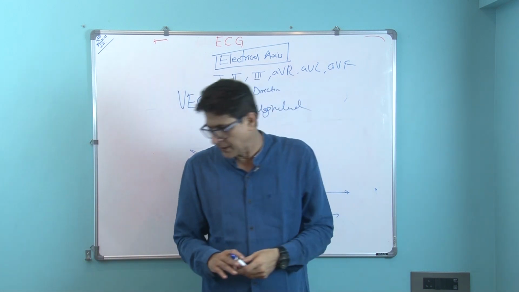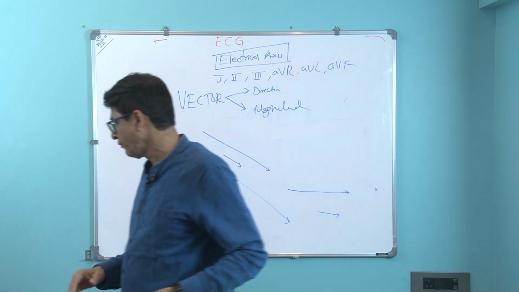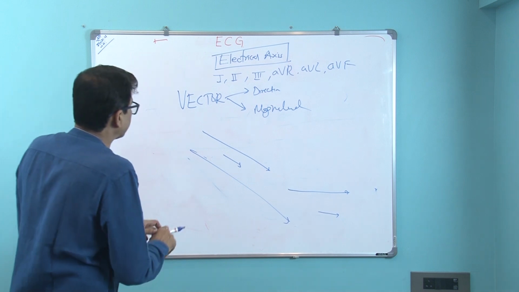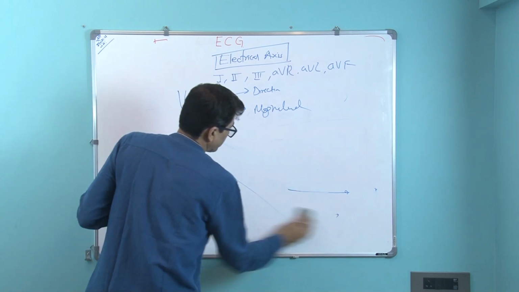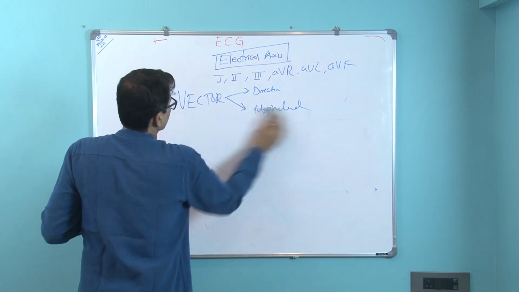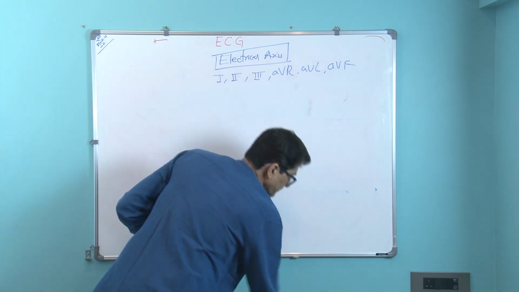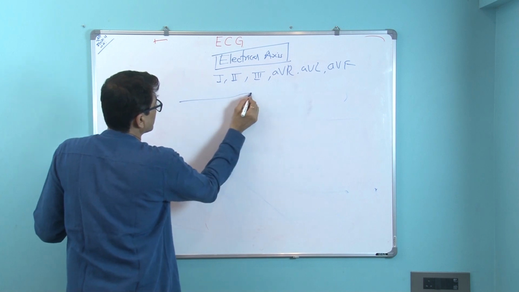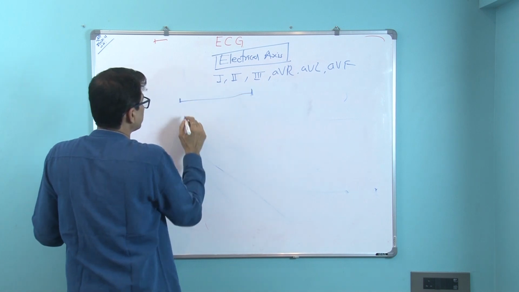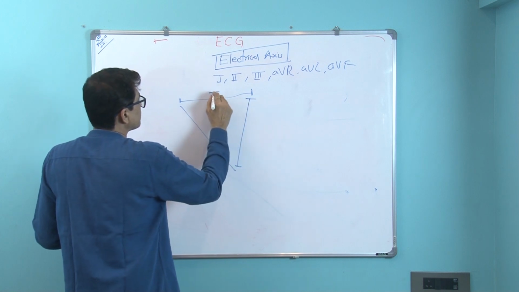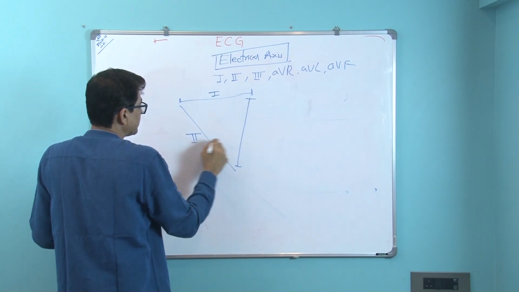Now watch carefully how to calculate the QRS vector. Come to the Pythagorean triangle. Lead 1, lead 2, lead 3. This is first, this is second, this is third.